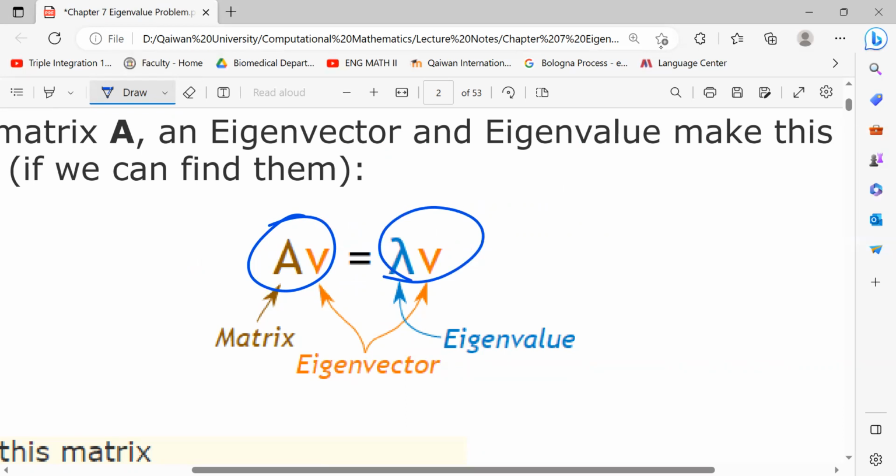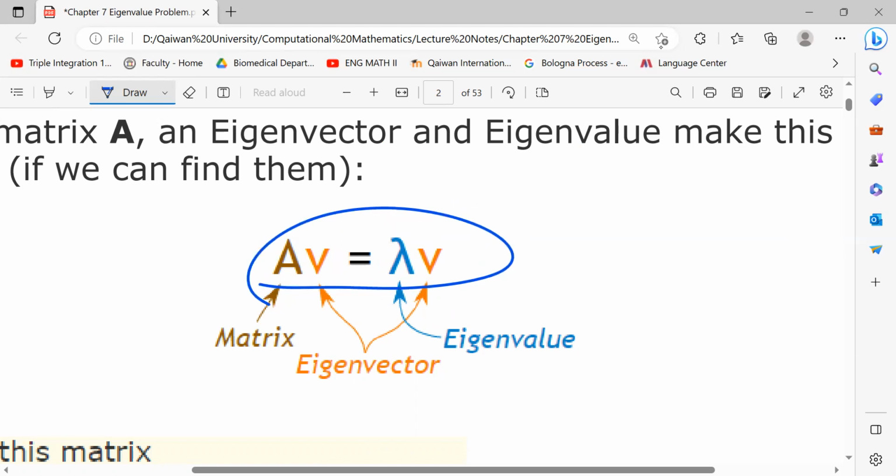Lambda here is the eigenvalue, so the eigenvalue times the eigenvector. V is the eigenvector and lambda is the eigenvalue. These two must be equal. For a square matrix, V is the eigenvector and lambda is the eigenvalue.